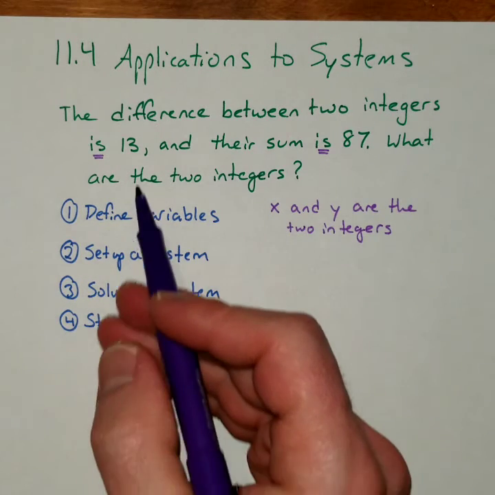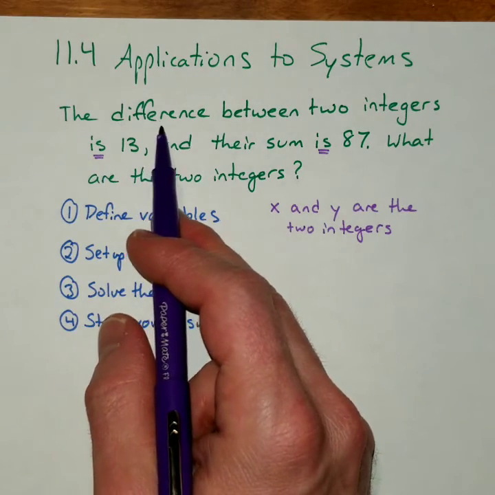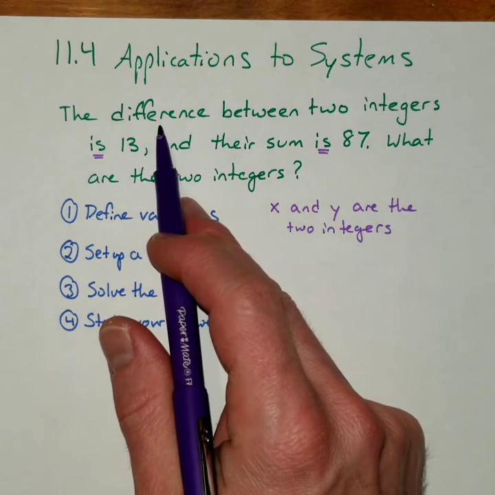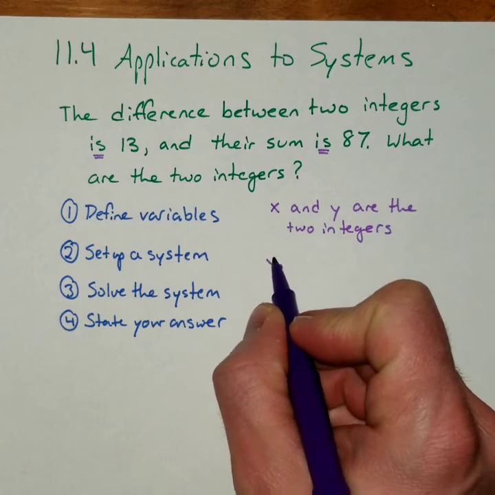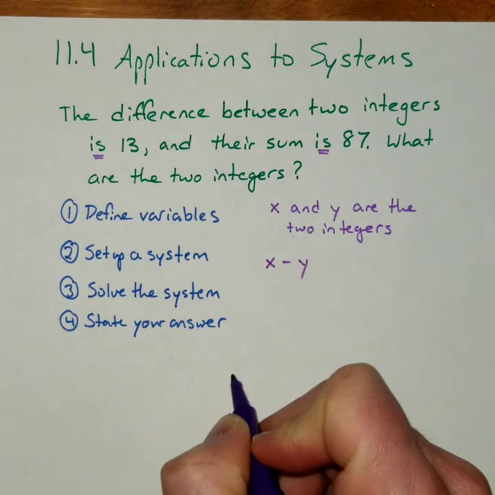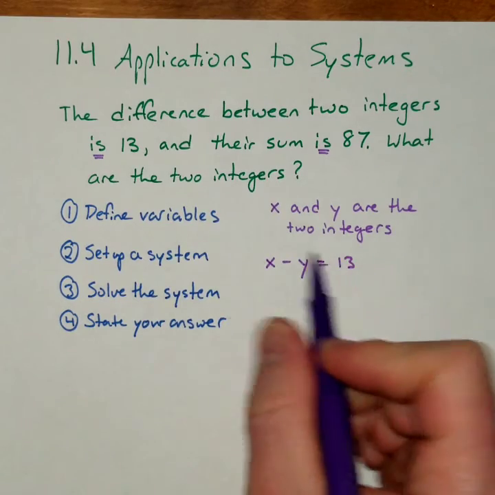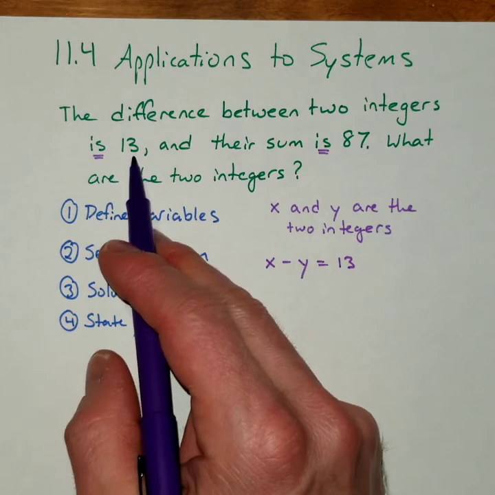And so before the word is, it says the difference between two integers is 13. Remember, the difference is a subtraction. So if you were to subtract x and y from each other, x minus y, you would get 13. The difference between two integers, that's x and y, equals 13.